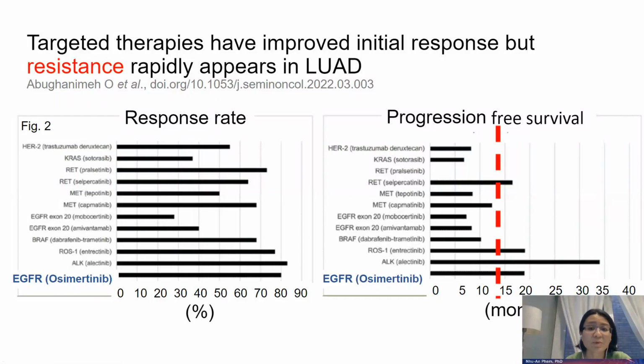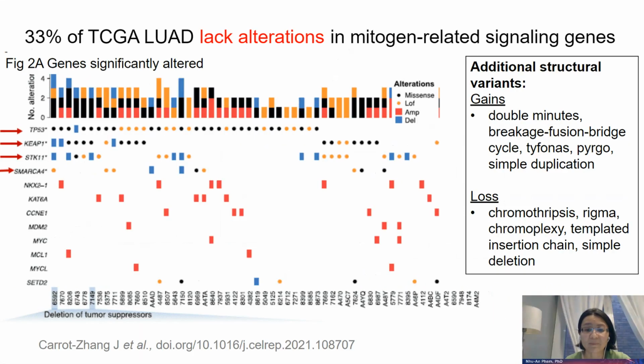Up to 80-90% of the patients respond very well. However, in the right panel, we see that progression-free survival doesn't change too much, and most patients have disease progression within 2 years. So that's one of the challenges of therapy.